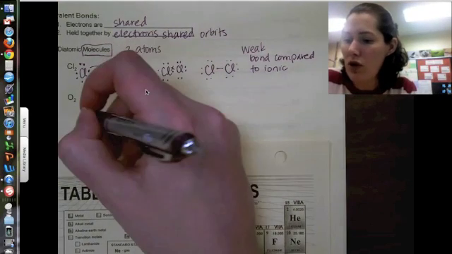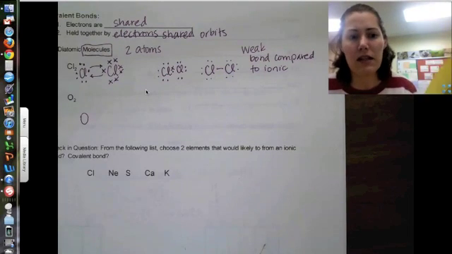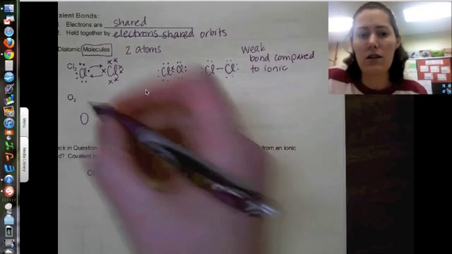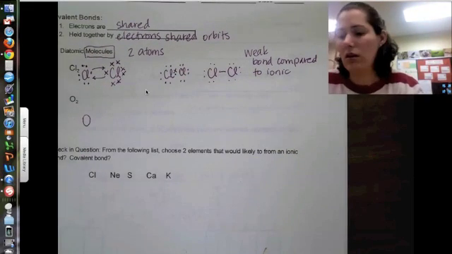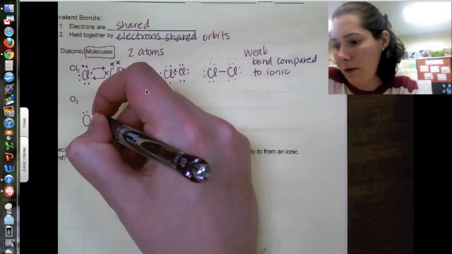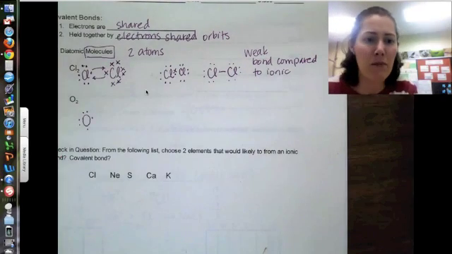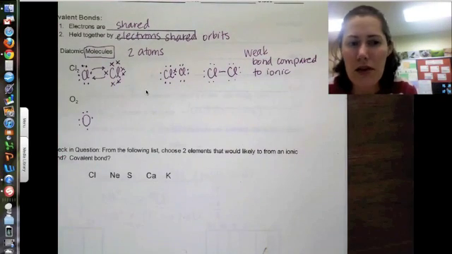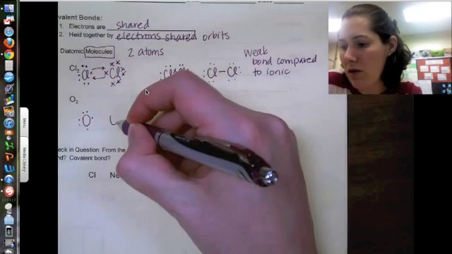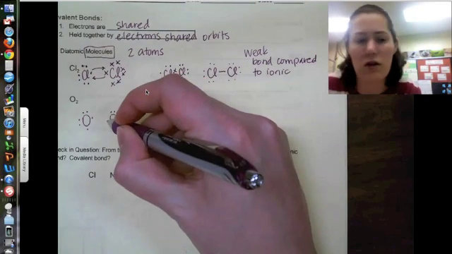So if we were to draw one oxygen, it's going to have 6 free electrons. So 1, 2, 3, 4, 5. I'm going to draw my 6th one right there. And then I need 2 of these because this is a diatomic molecule. I'm going to draw my other oxygen here. 1, 2, 3, 4, 5, 6, just like so.